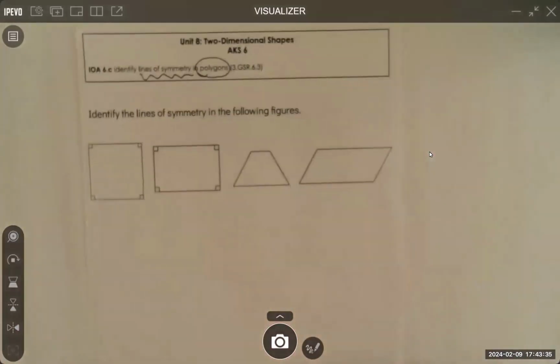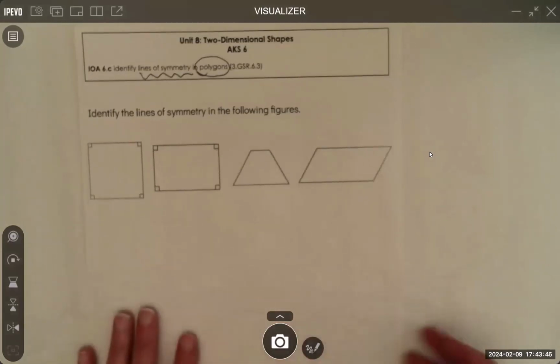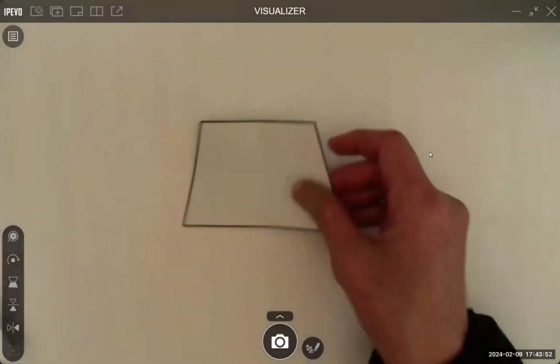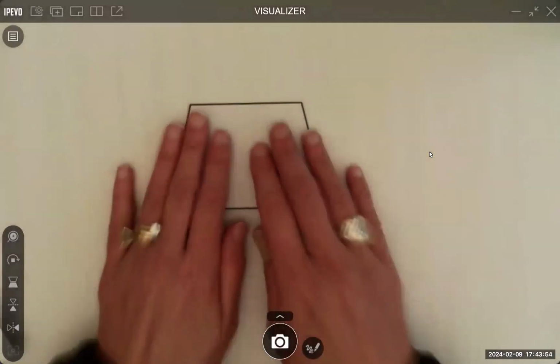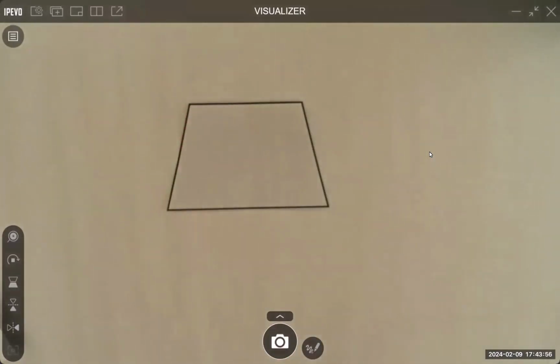But for right now, I want us to jump into some of the concrete instructional strategies you will use when teaching this unit, right? I'm going to move that aside, and then I am going to bring in just an image of a trapezoid here.